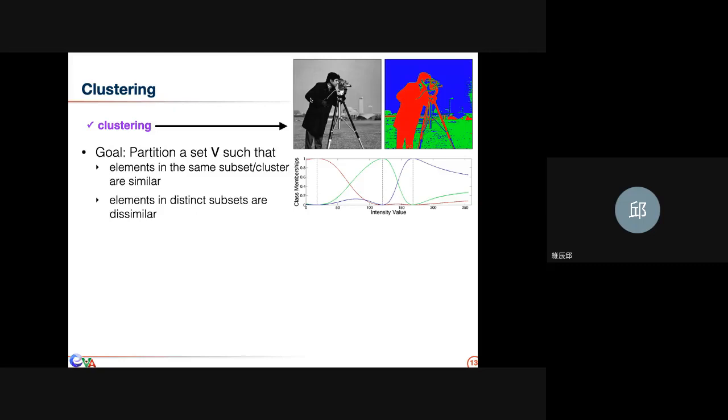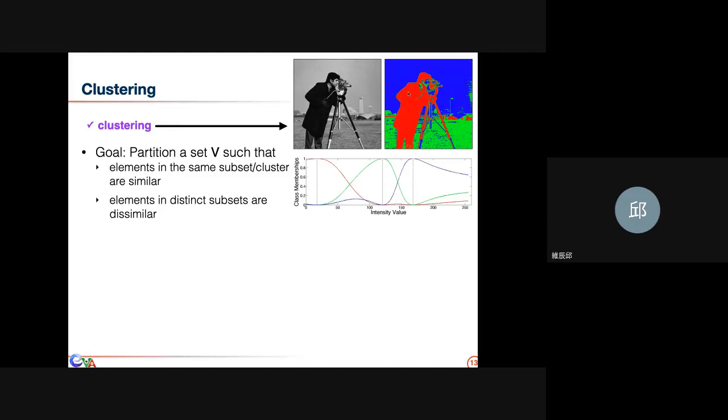So basically, we can try to group the pixels with similar intensity values together, and the pixels with quite different intensity values into different groups, right?